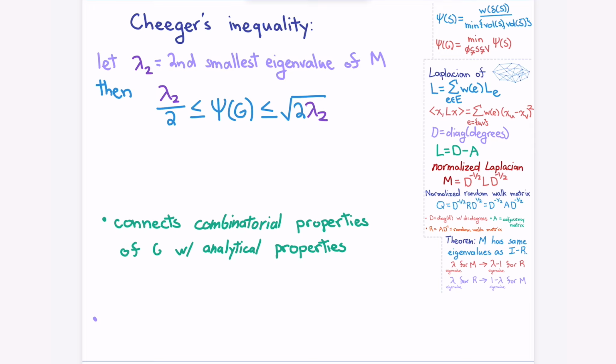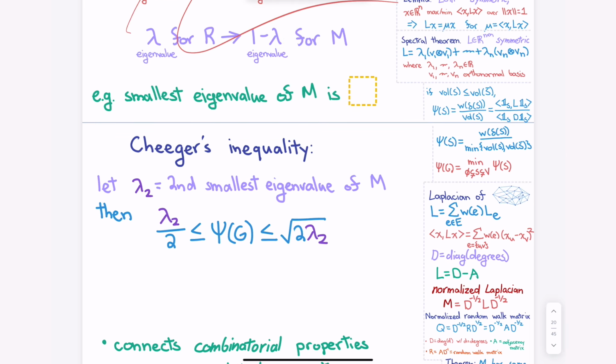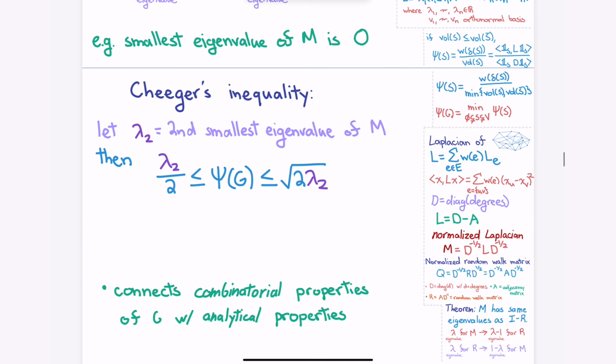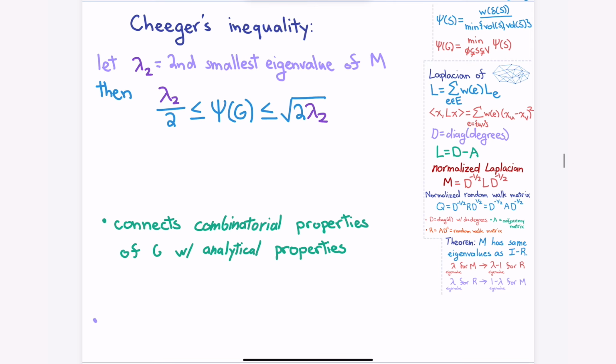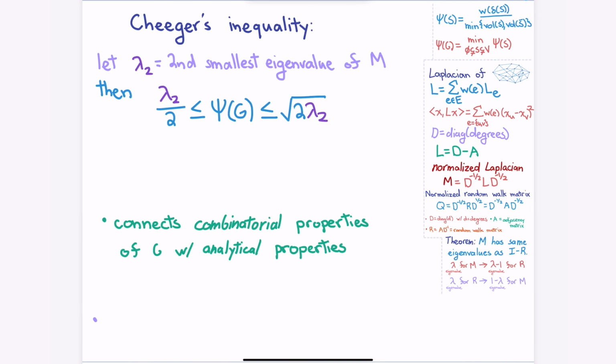So the fact that the eigenvalue is actually playing a role is kind of surprising. Now, the obvious, very unusual thing. Oh, did I have something more written down here? Oh, okay. The smallest eigenvalue was 0. So the eigenvalues of M are between 0 and 1, just as the 1 minus the R ones.